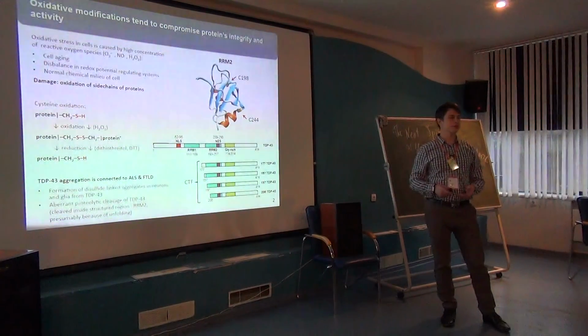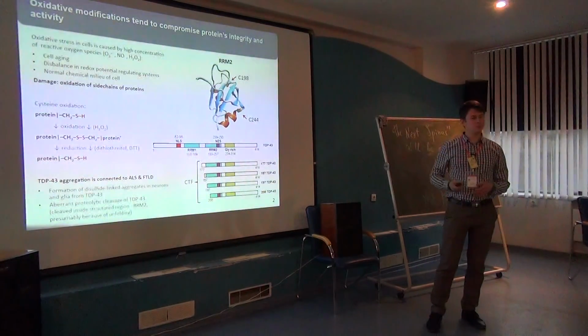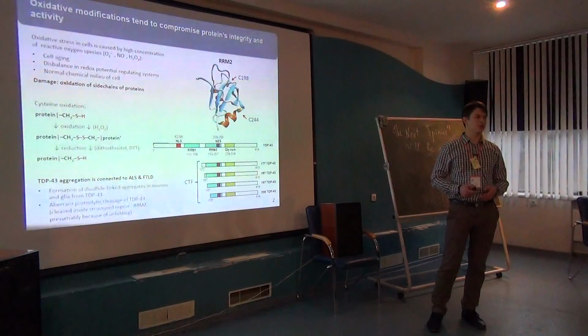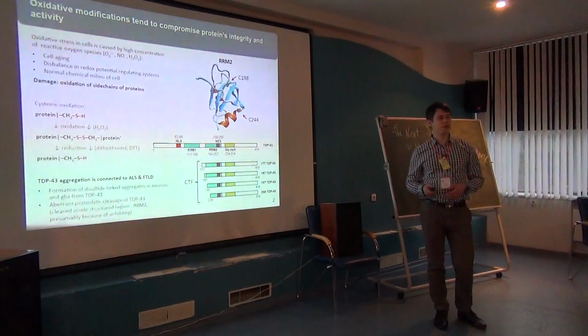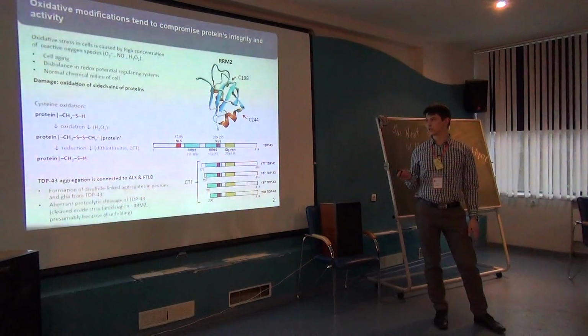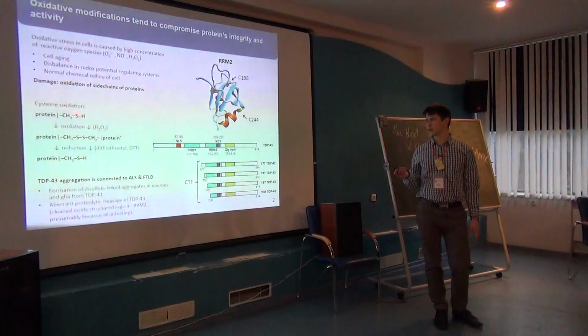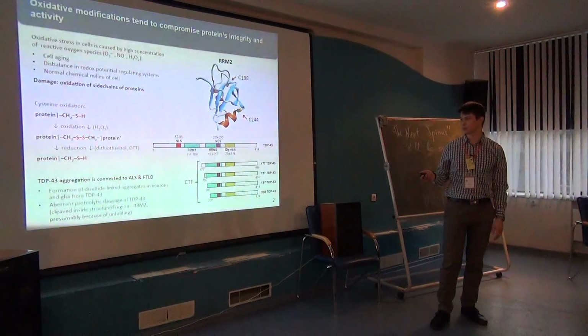And they are also present in healthy cells in normal chemical milieu. These species can produce oxidative damage to proteins and other molecules in cells. And for proteins, the main target of these species is cysteine residues, and they have a thiol group, SH, and this group could be oxidized to form a disulfide bond.